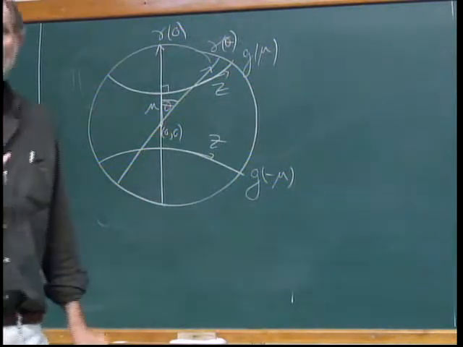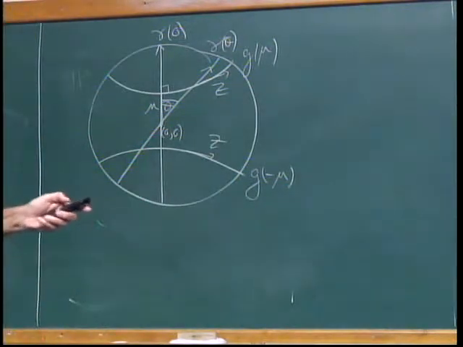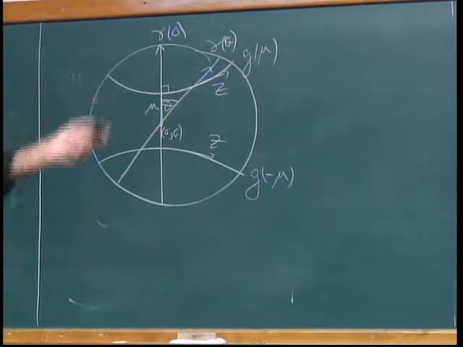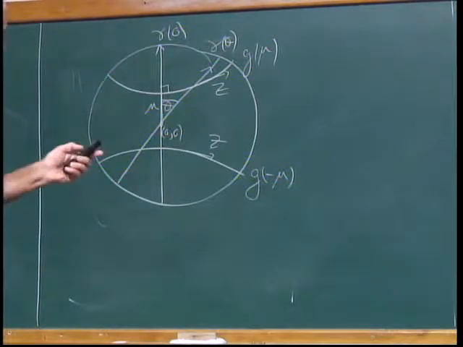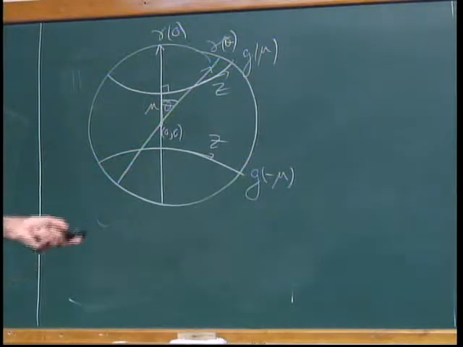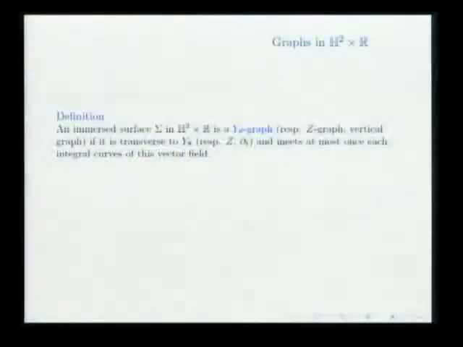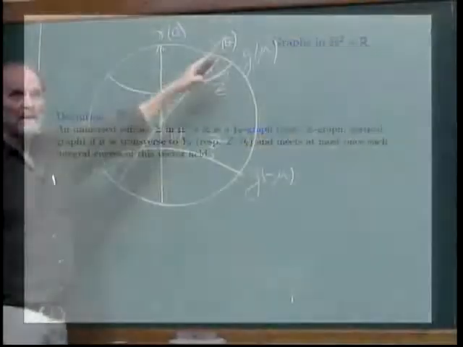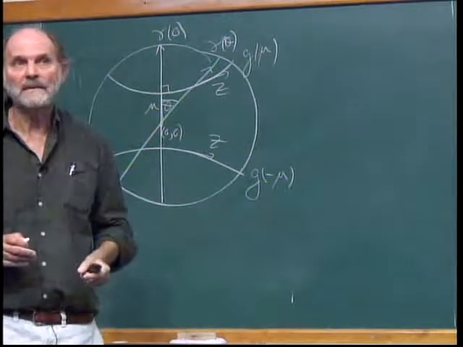The flow of this Z does not produce isometries of the hyperbolic plane. Okay? Then we have T of H. So an immersed surface is a graph with respect to a vector field if the vector field intersects it in at most one point. So I can talk about Y theta graphs. Y theta is the Killing field, which is translation along this geodesic. I can look at graphs with respect to that Killing field.